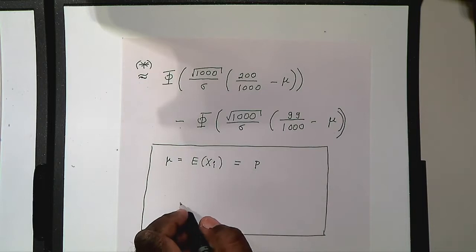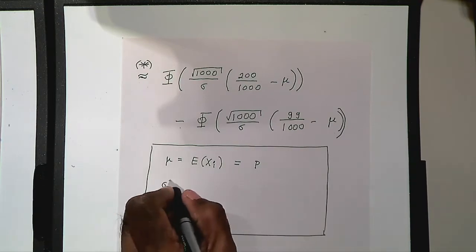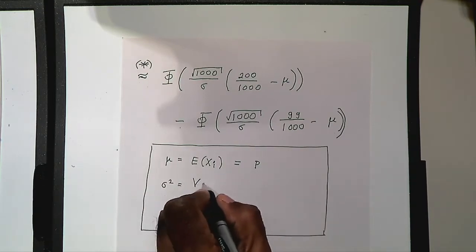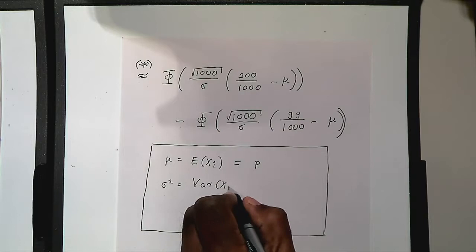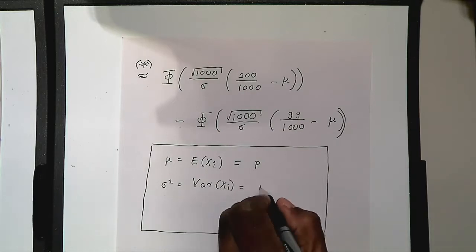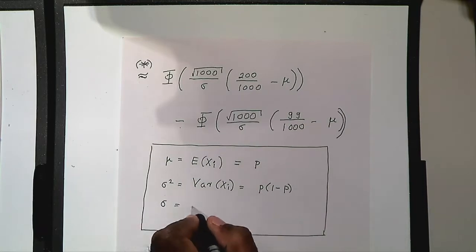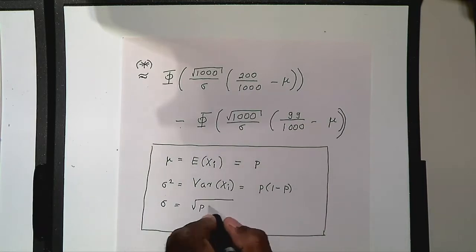Look at this handout, which you should have. It will tell you what the mean is. And sigma squared is the variance of xi, which is again Bernoulli, p times 1 minus p. So sigma is simply the square root of p times 1 minus p.